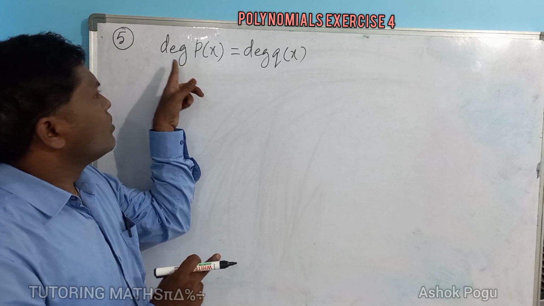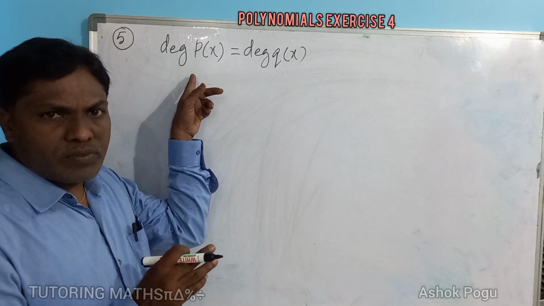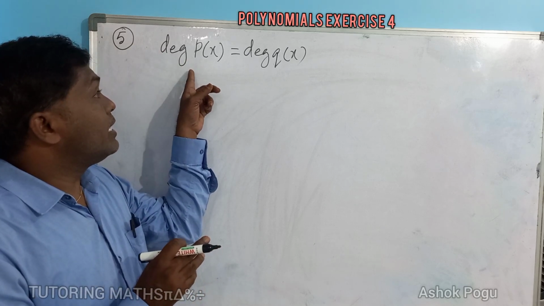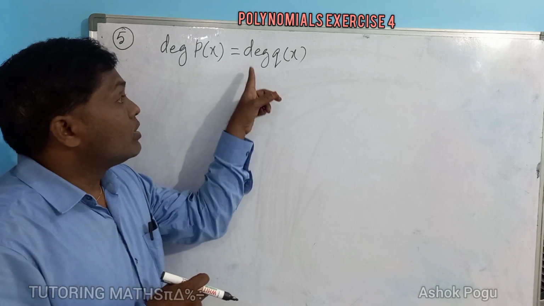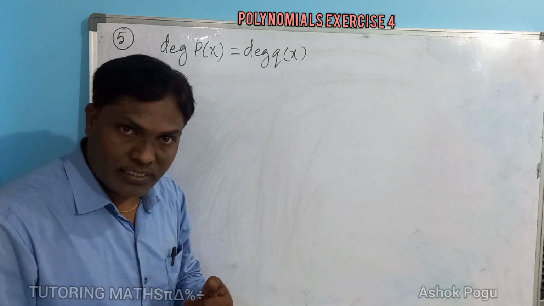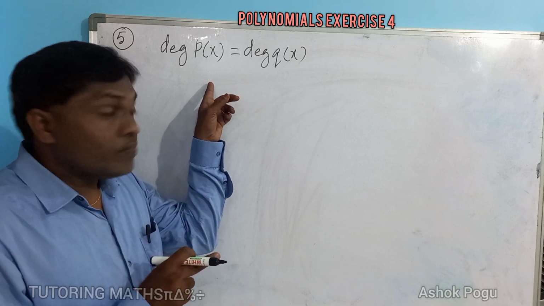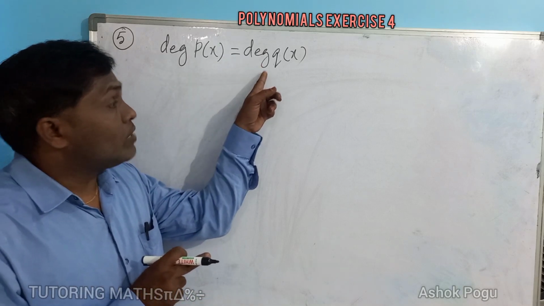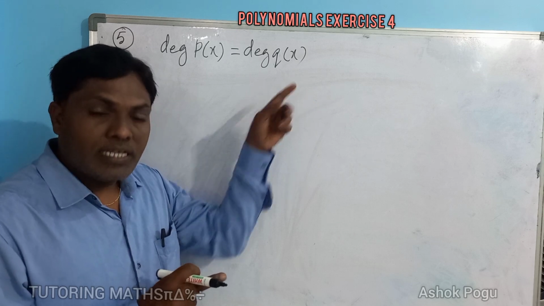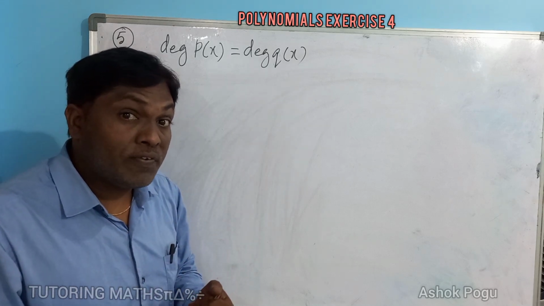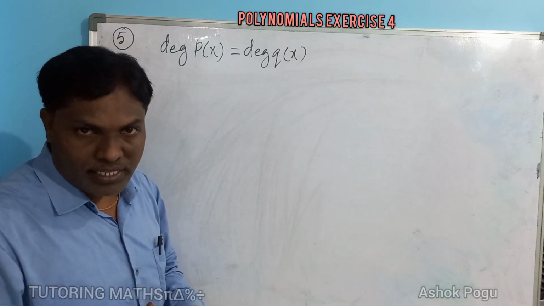And here you take any degree. The degree of p of x should be equal to the degree of q of x, and then they should satisfy the division algorithm.